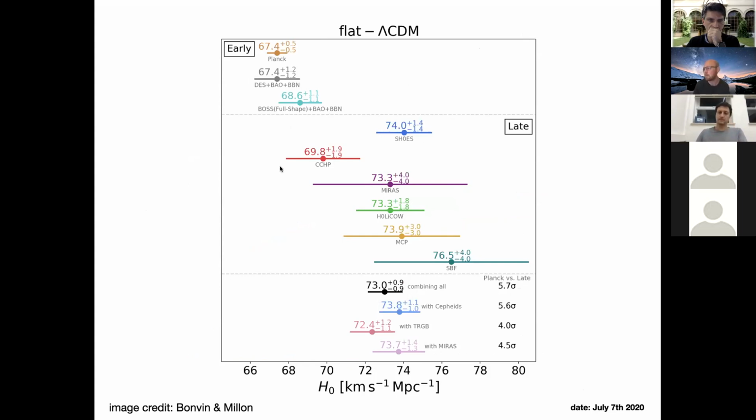In the middle box, what I call late, are independent measurements that use different assumptions and calibrators in their study of absolute distances and scales.